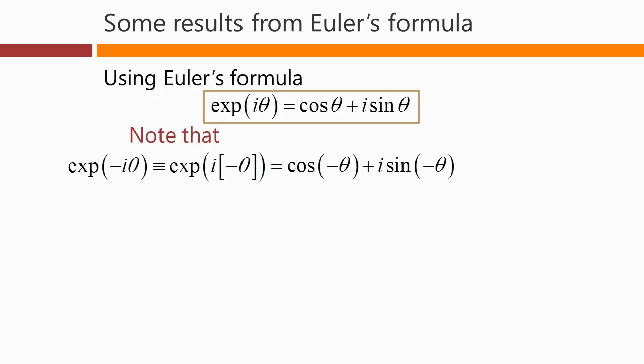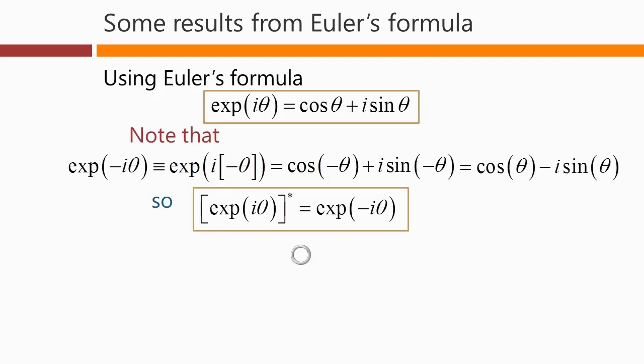And that means that exp of minus i theta is cos of minus theta plus i sine of minus theta. Well, that is just cos theta minus i sine theta, because cos of minus theta is equal to cos of theta. Sine of minus theta is equal to minus sine of theta.